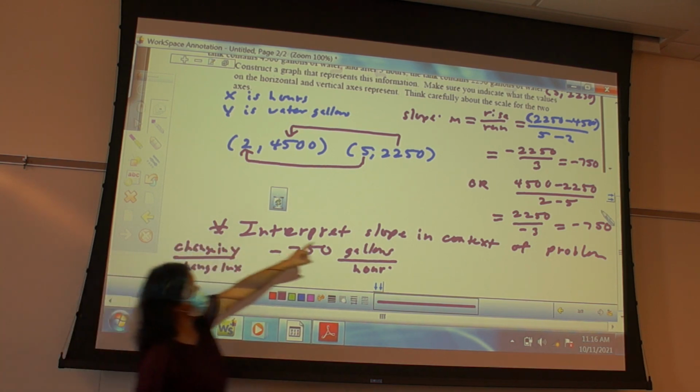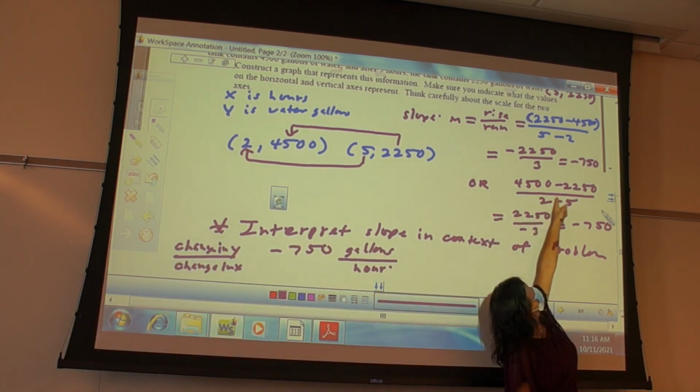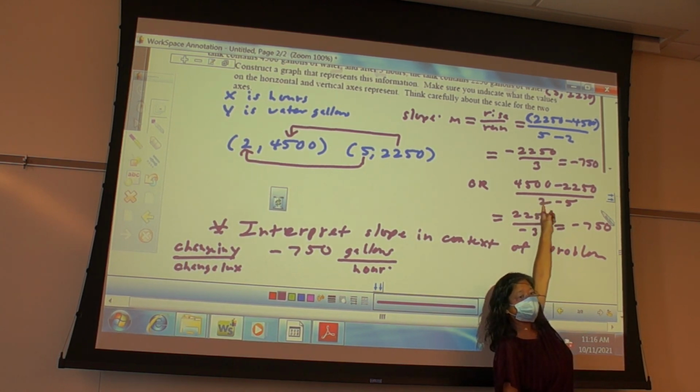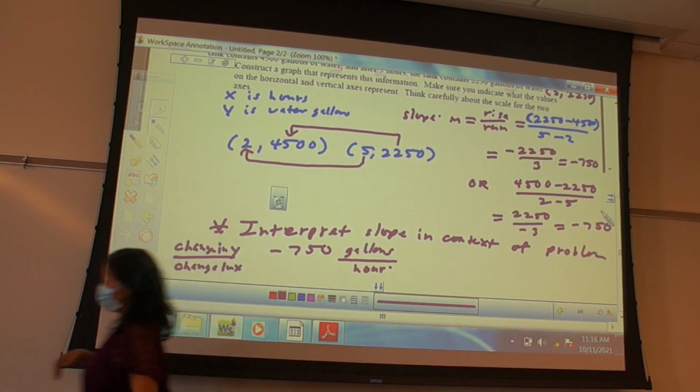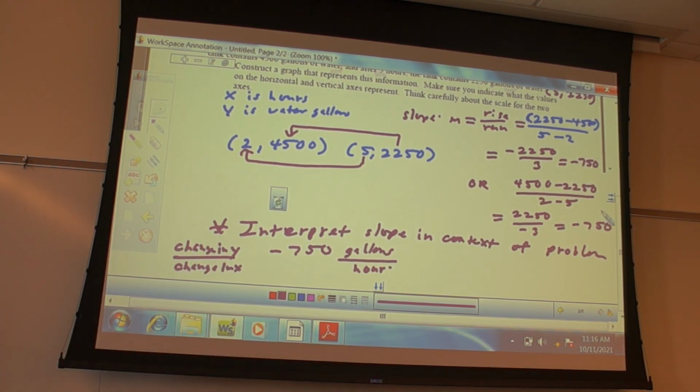These are y's, and these are x's. So it's gallons per hour, so it means that we lose 750 gallons of water every hour.